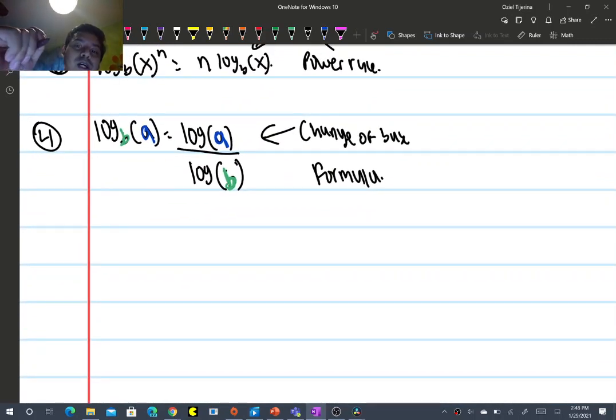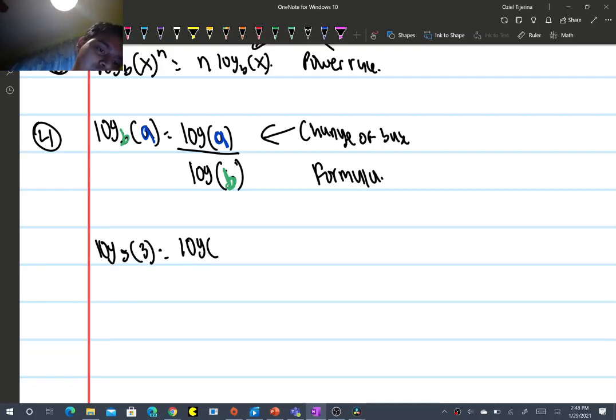So, for example, log base 5 of 3 is going to be log of 3 over log of 5, okay? And so that's kind of how it works.